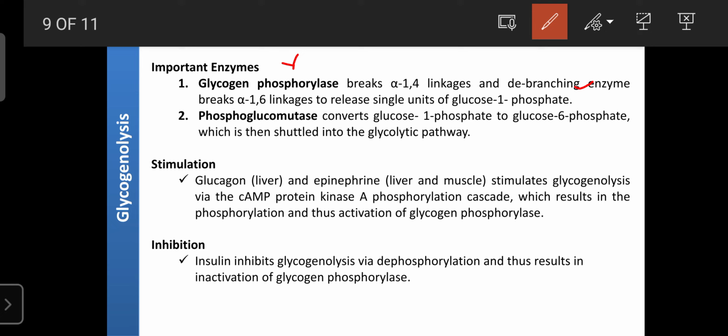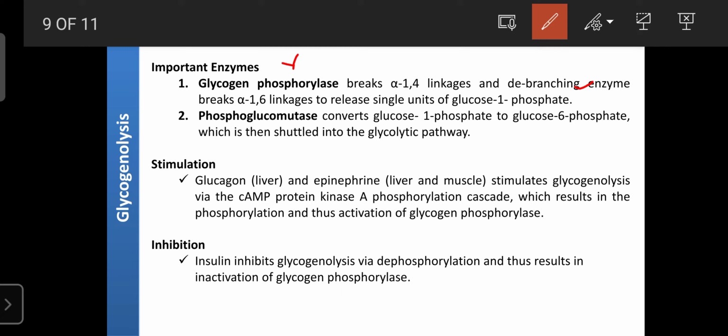As well as epinephrine, it is released from the adrenal cortex in the case of stress, or in the fight and flight mechanism. Epinephrine enters the liver and muscles and stimulates glycogenolysis by enhancing the cyclic AMP dependent protein kinase A enzyme cascade.